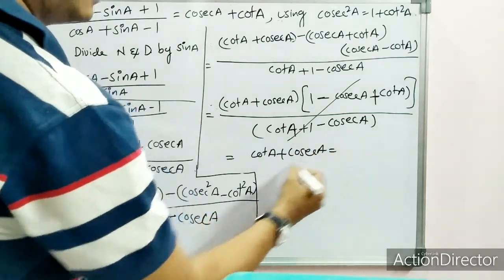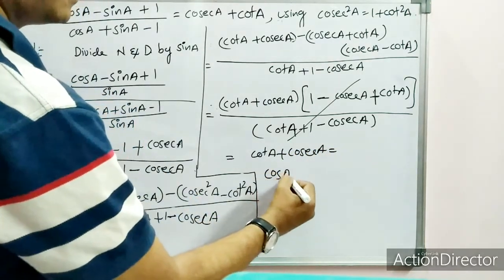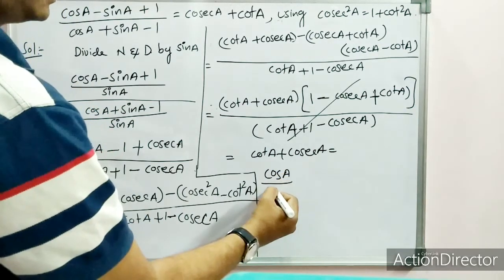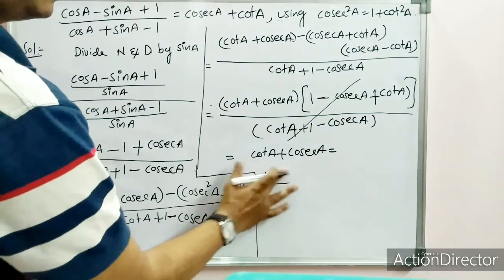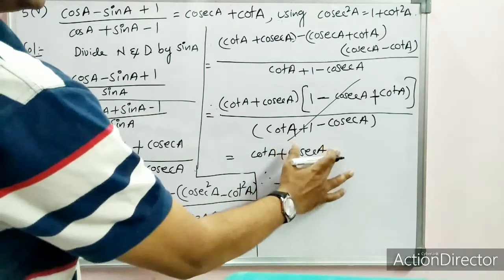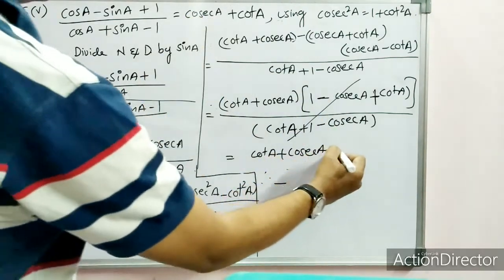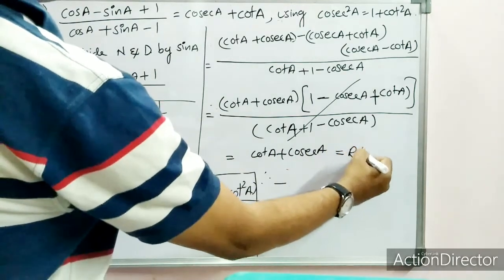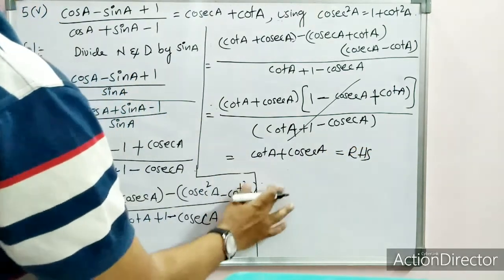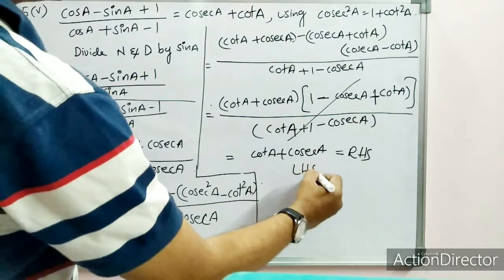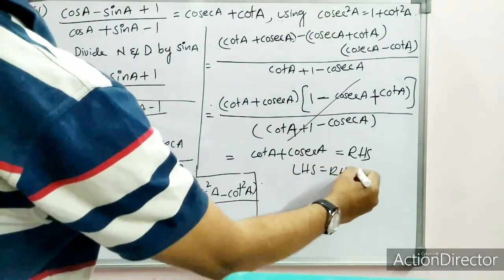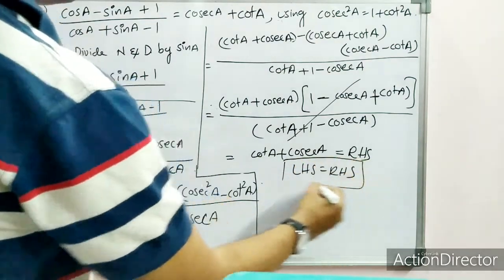Cot is nothing but cos A by sine A, and the remaining value is the required answer. Check it once, we got cosecant A plus cot A. So this value is RHS. So now LHS is RHS. Hence proved.